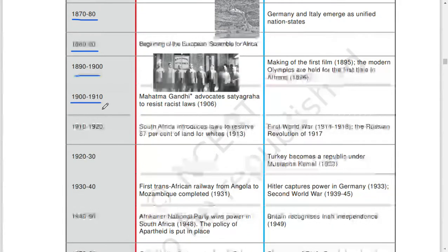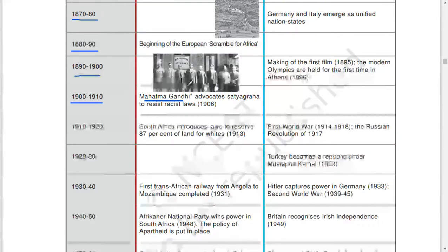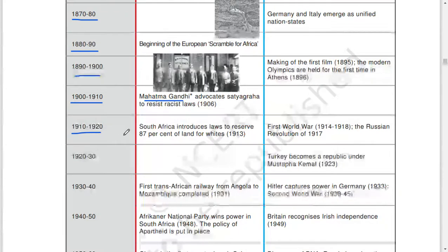1900 to 1910, Mahatma Gandhi advocates Satyagraha to resist racist laws, 1906. 1910 to 20, South Africa introduces laws to reserve 87% of the land for whites, 1913. First World War, 1914 to 1918.